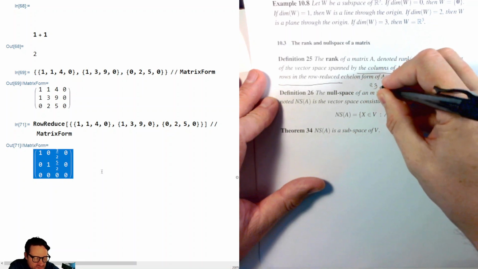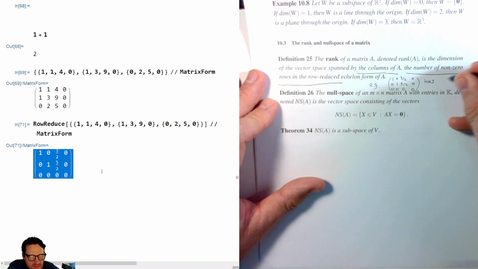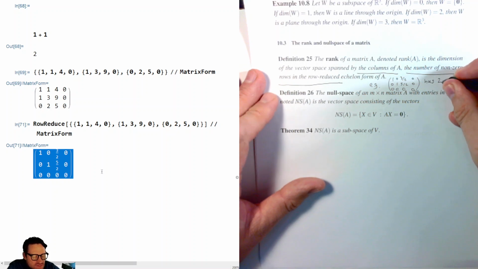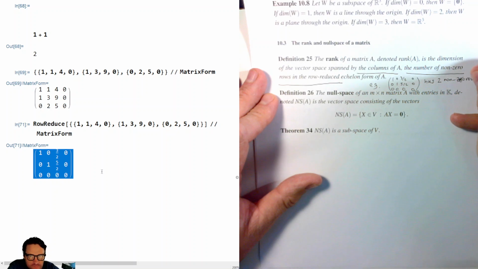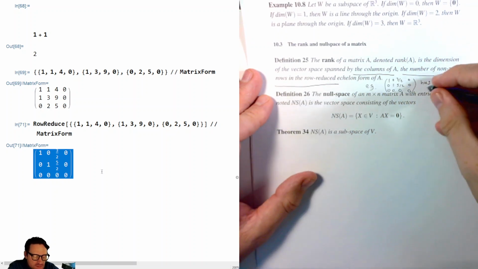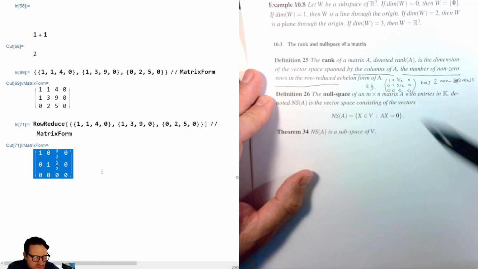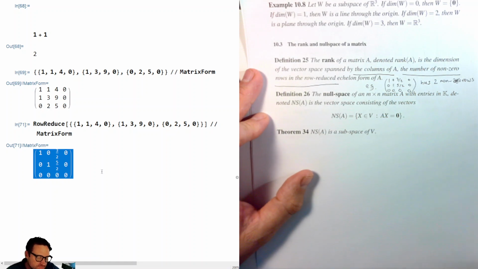So for example, this has 2 non-zero rows, and it's in row-reduced echelon form.